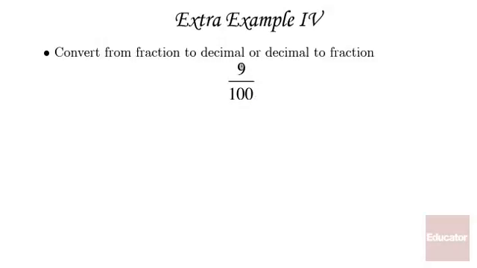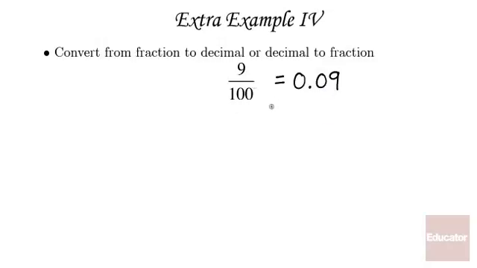So I know that I have 9 of them. 9 out of 100 would be the same thing as having 9 pennies. So in order to write this as a decimal, if I have 9 pennies, how much do I have? I have 9 cents, which is written like that, right? So 9 out of 100 is the same thing as 0.09.